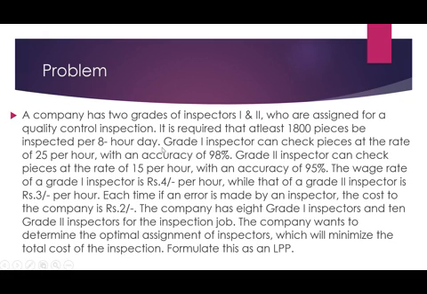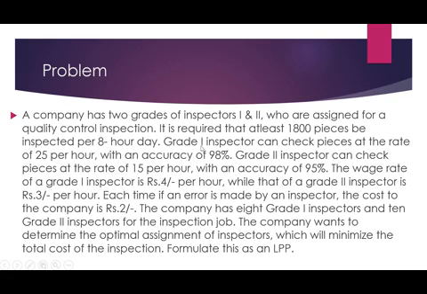That means in one day, both grade 1 and grade 2 inspectors together should check at least 1800. That means it should be greater than or equal to 1800. It should be either equal to or greater. When I use the words at least, it means it has to be greater than or equal to.